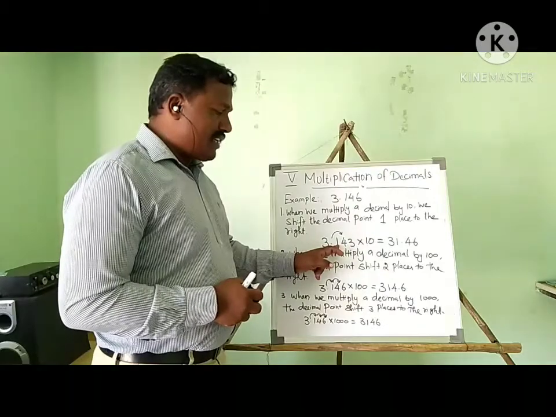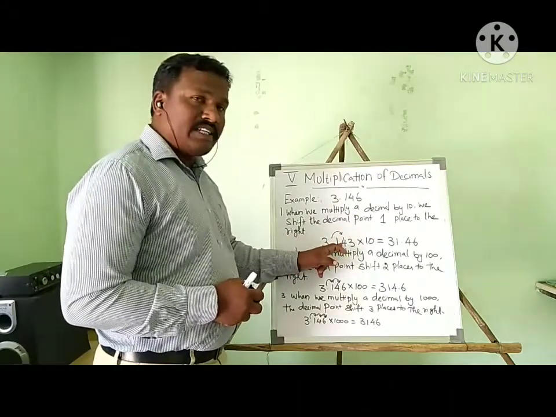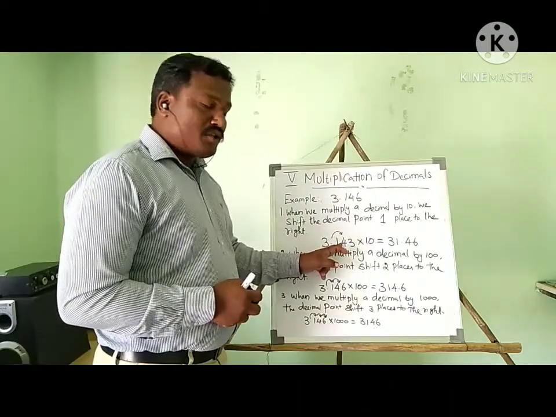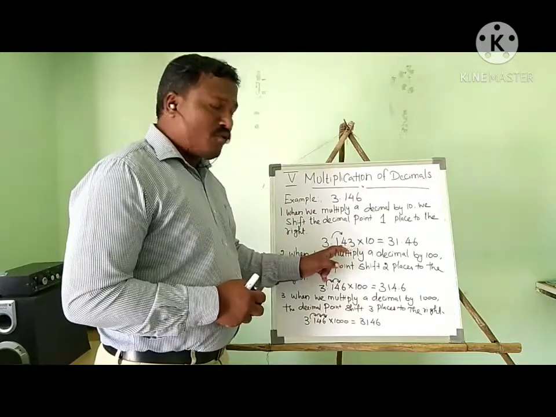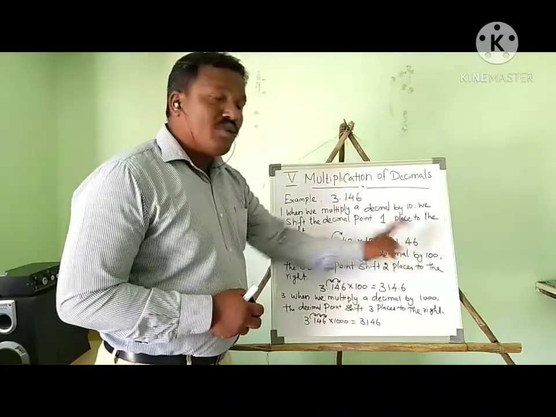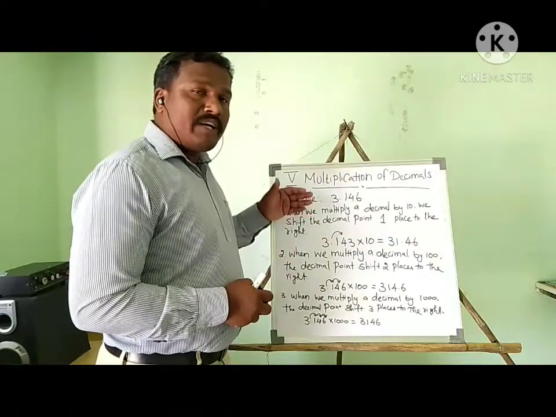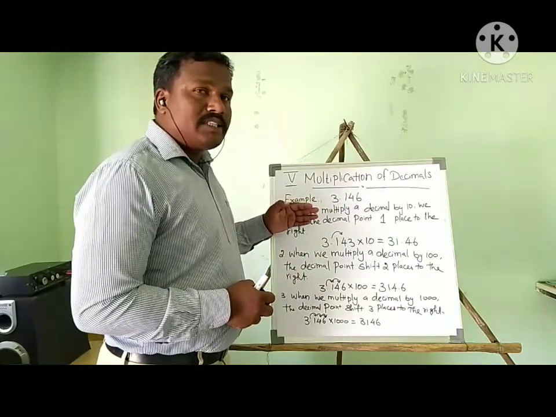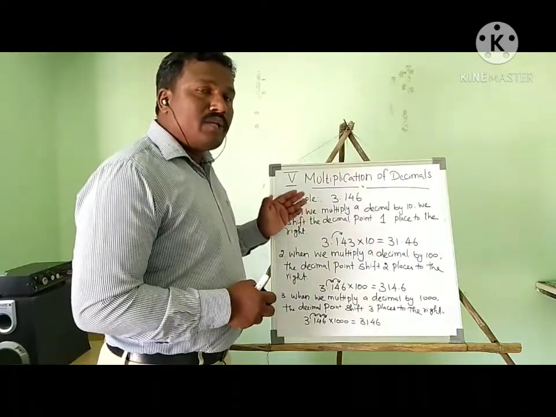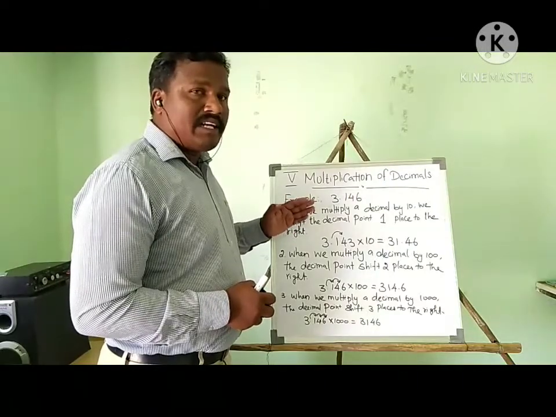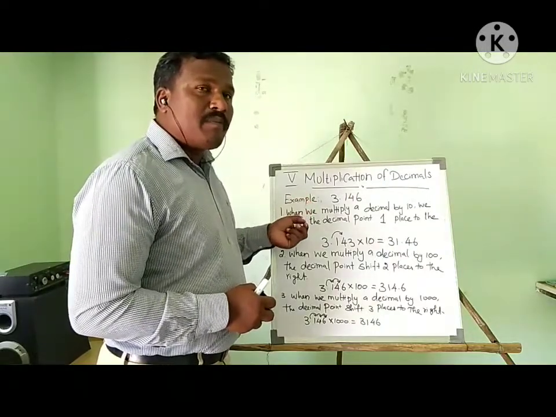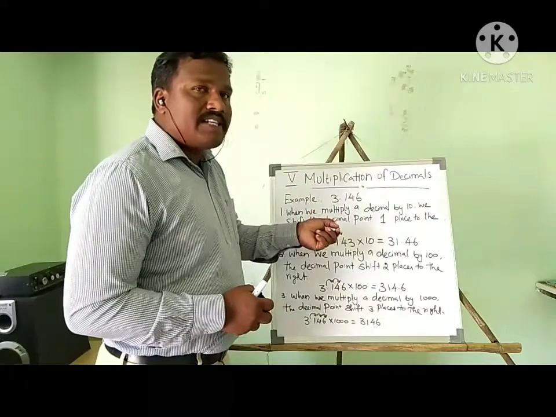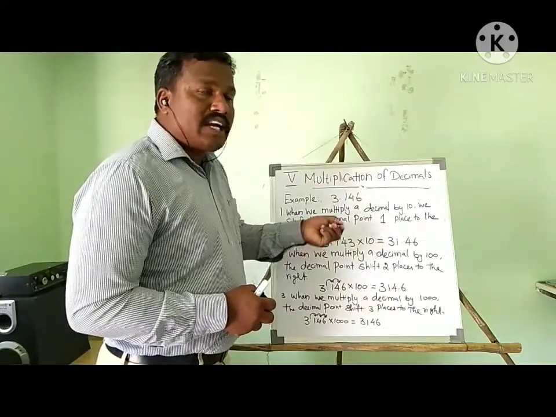So the answer is 31.46. When you multiply by 10, you just shift the decimal point one place to the right. That's all.